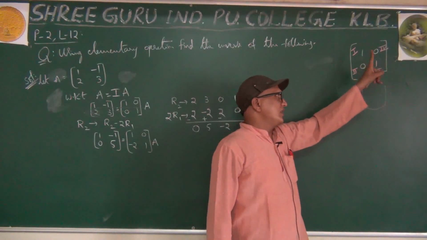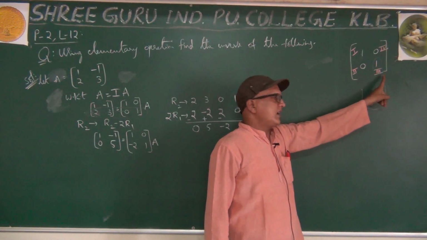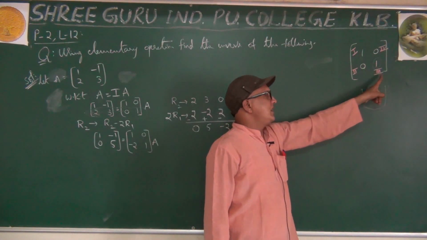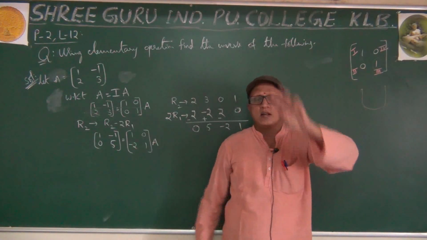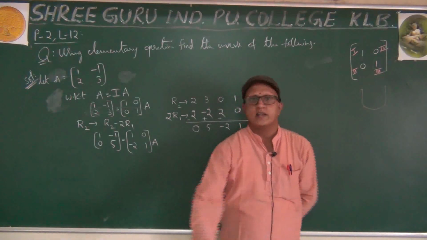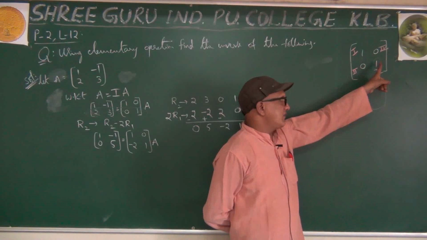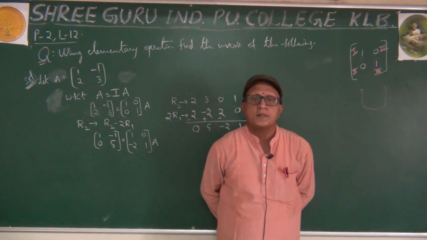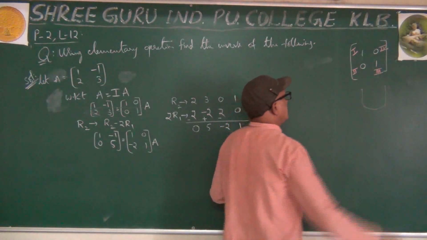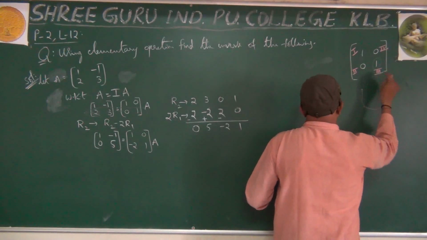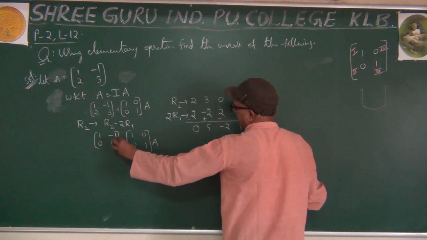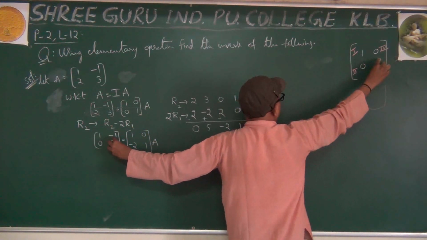If you want to get the third Roman letter, I am not speaking anything about the first Roman letter. I am speaking about only the third Roman letter, and this trick is applicable only for the third Roman letter. Once again, if you want 1 in place of the third Roman letter, it may be a row operation or a column operation.